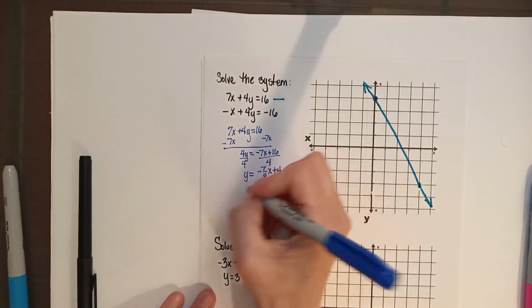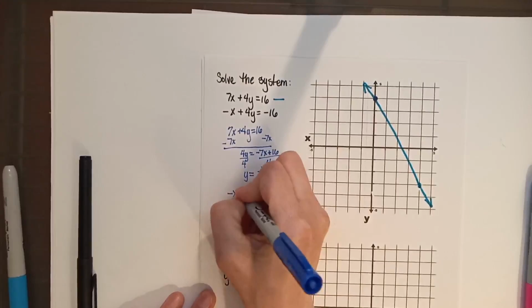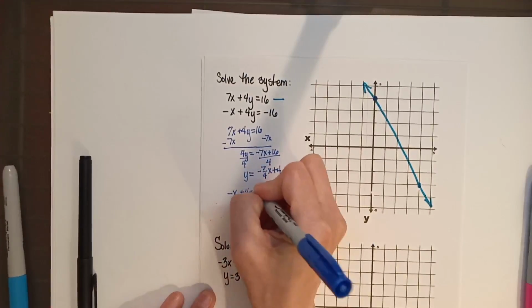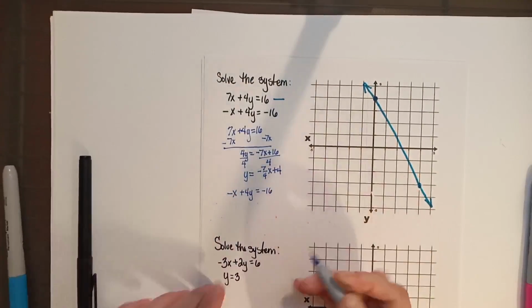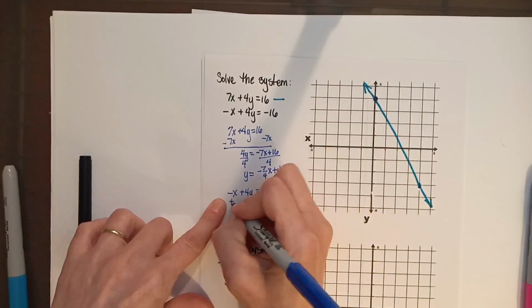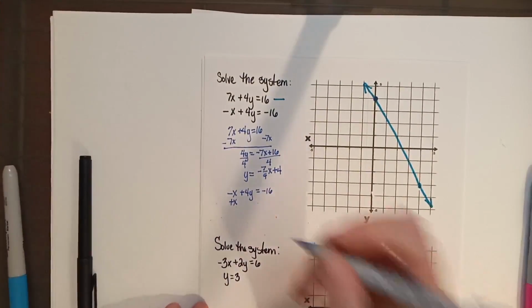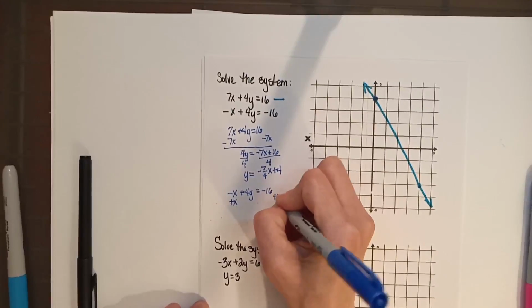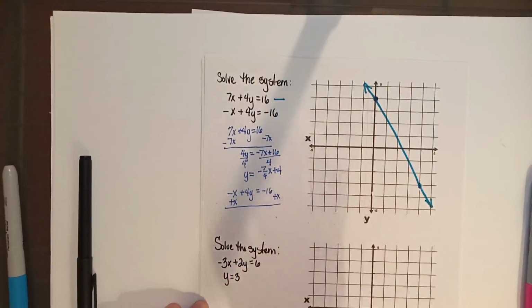I have negative x plus 4y equals negative 16, and the first thing I'm going to do is add that x to both sides to get rid of it from the left and move it to the right. I cannot combine 16 and x.